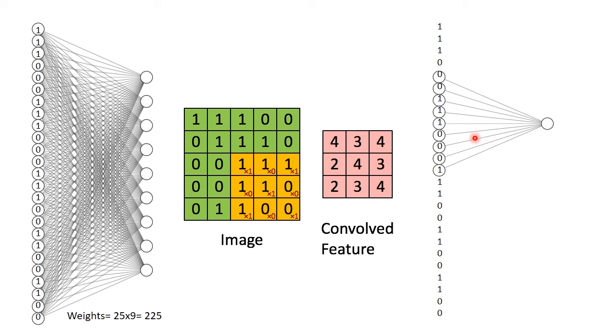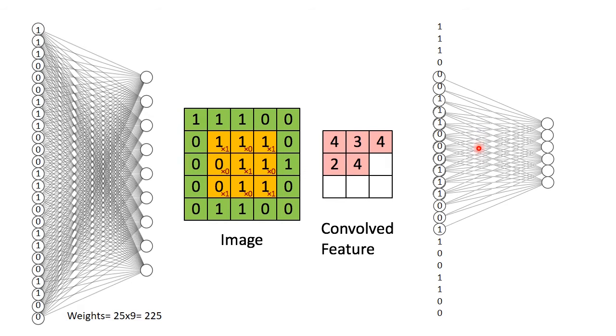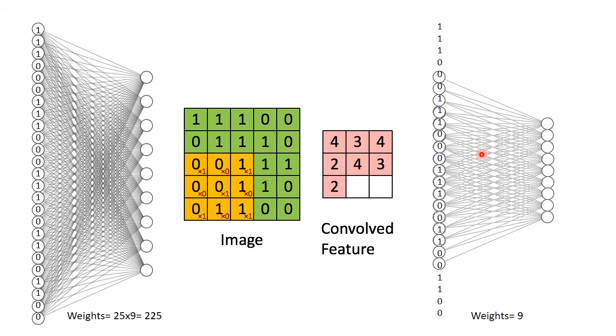And then I would slide the kernel 1 pixel, 1 more pixel, 1 more, yet another more, and so on until I get the 9 values of my output. Notice that the number of weights to be learned in this model is surprisingly 9 only. This is because there is only one kernel.